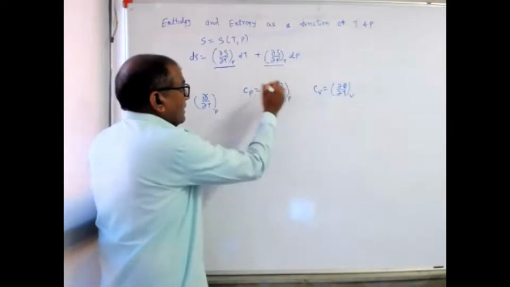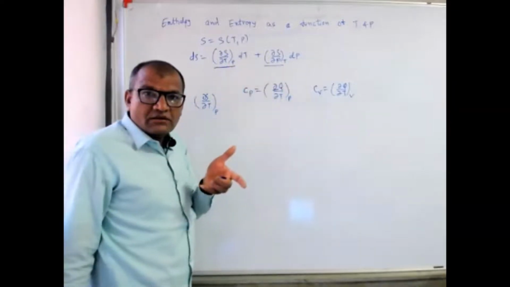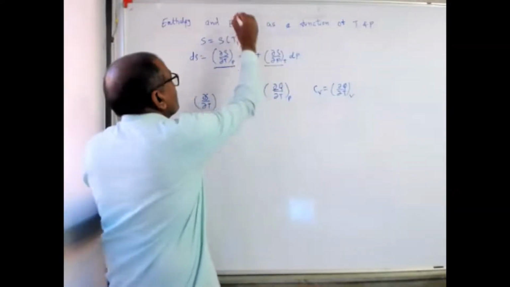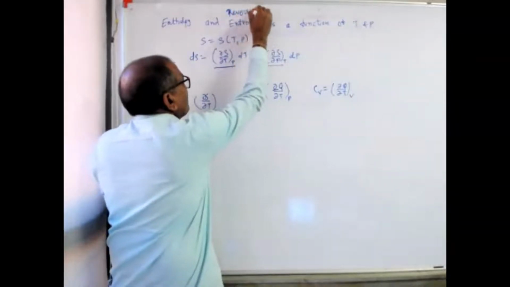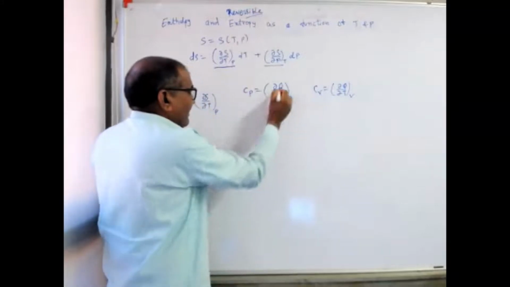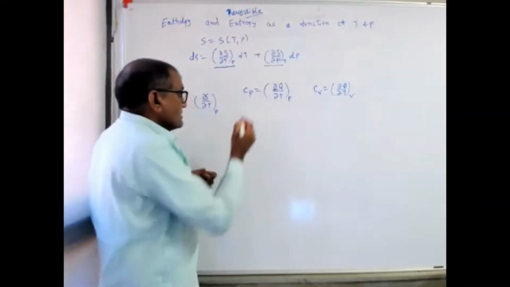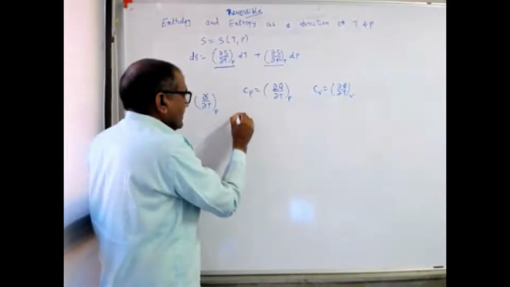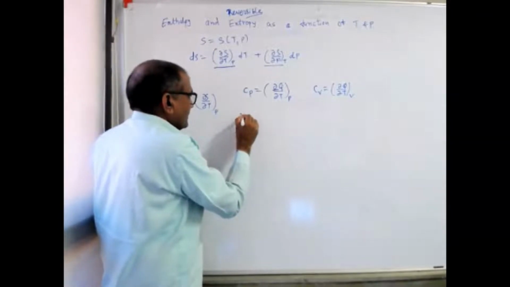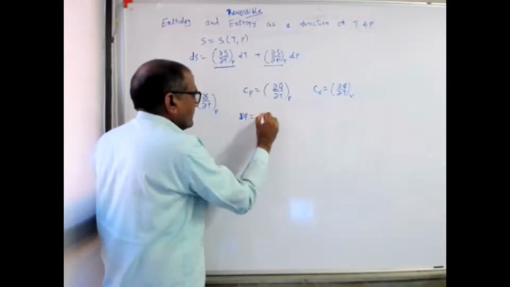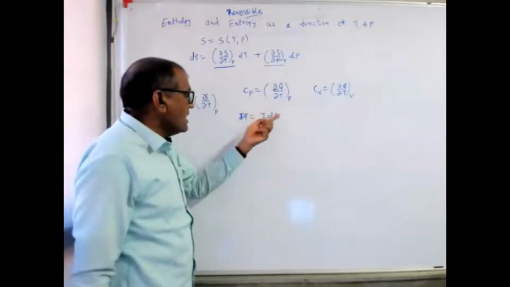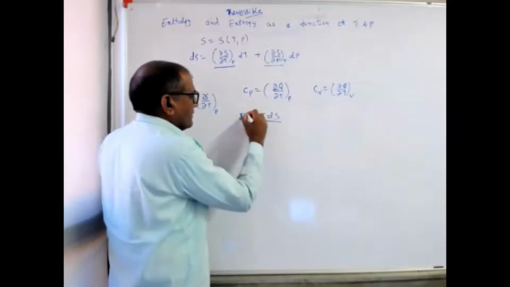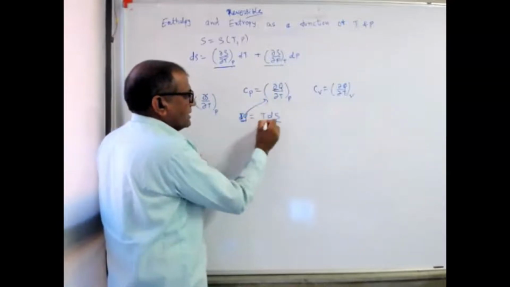Here, whatever we are going to derive is for a reversible process. So I should write that somewhere: reversible process. For any reversible process, del Q reversible equals T dS, and this can be inserted for the del Q here.